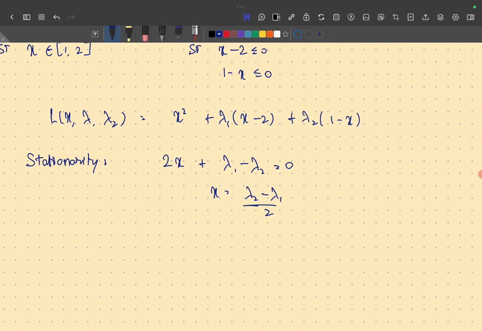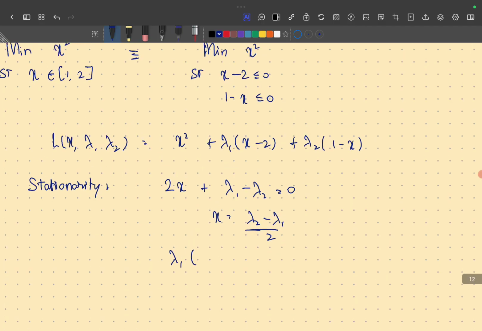And complementary slackness tells me that lambda 1 star times x star minus 2 is equal to 0, or lambda 2 star times 1 minus x star is equal to 0.